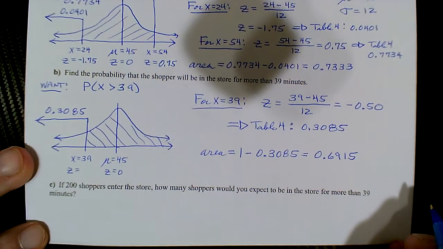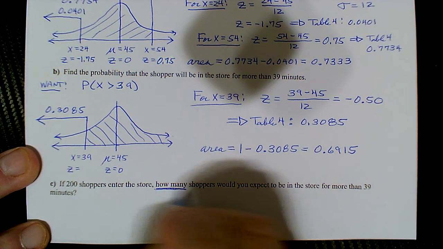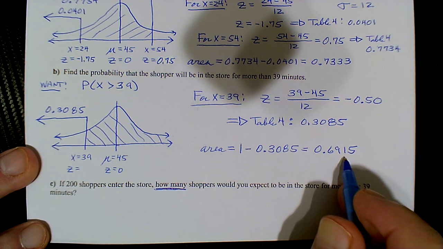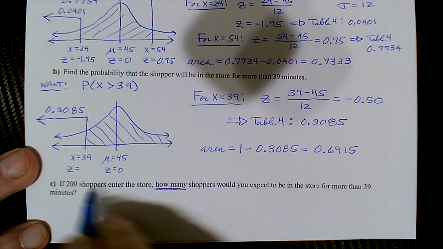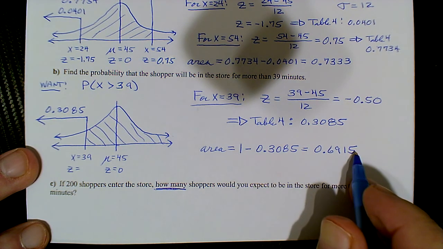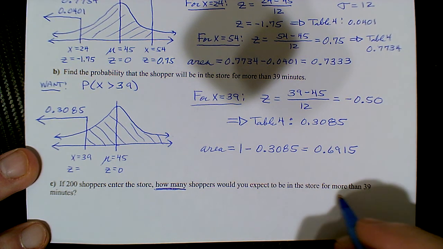Now sometimes we ask this question, the how many question. And how many is just taking that probability and multiplying it by the total number. So if 200 shoppers enter, how many? Well, that's the percentage that do stay for more than 39 minutes.